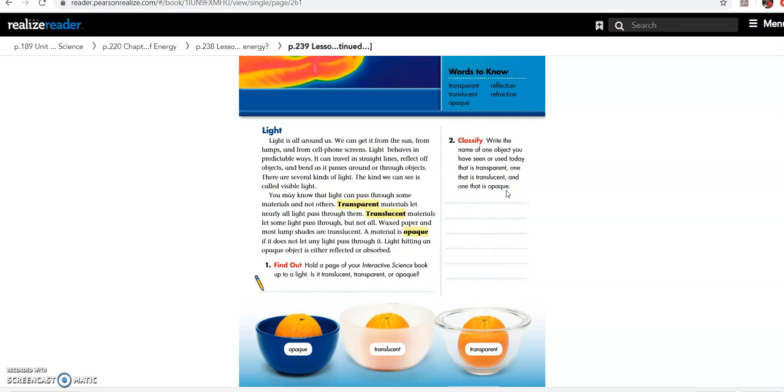Mrs. Bulwark's water bottle, she would say, is translucent because not all light passes through. Some is absorbed and some is reflected. And opaque, my computer, my textbook, my clothes are opaque, so they do not let light pass through. It's either hidden, reflecting or absorbing things.